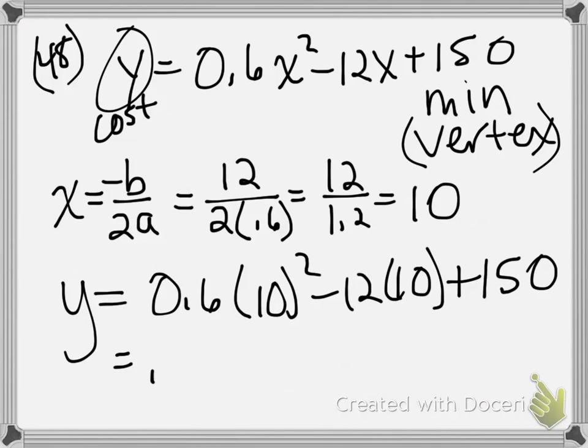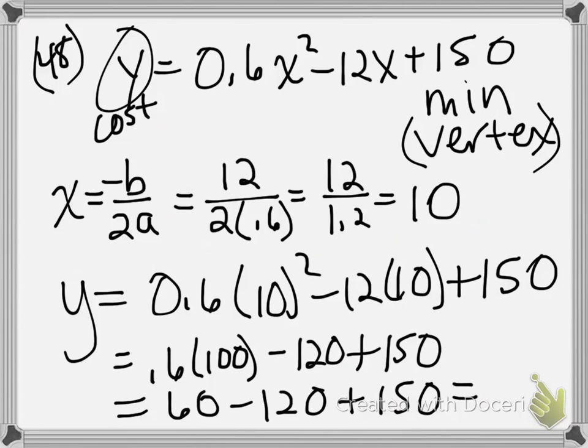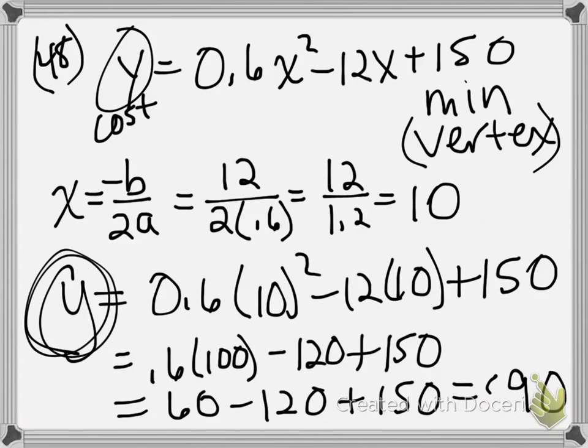So that's going to be 0.6 times 100 minus 120 plus 150. So that's going to be equal to 60 minus 120 plus 150. And so that ends up to be 90. And we were trying to find the cost, and we know our y value is the cost, so our y value is going to be $90.